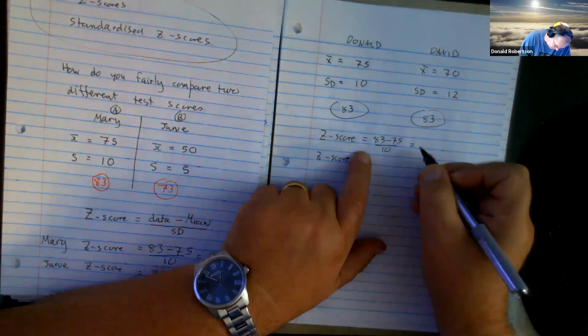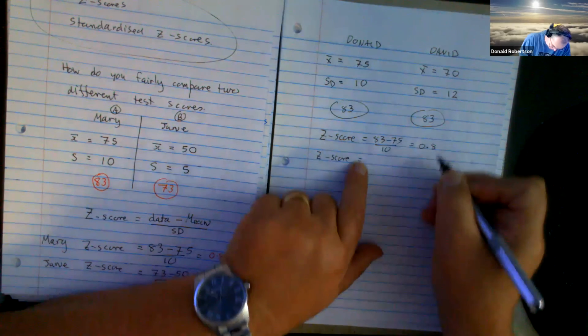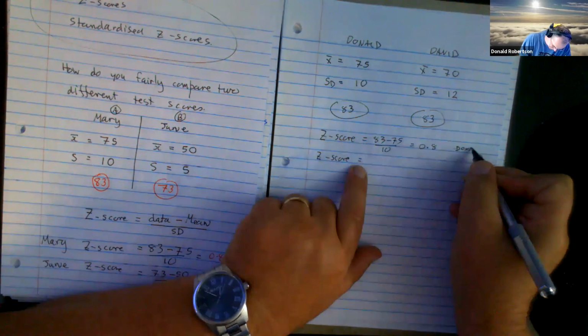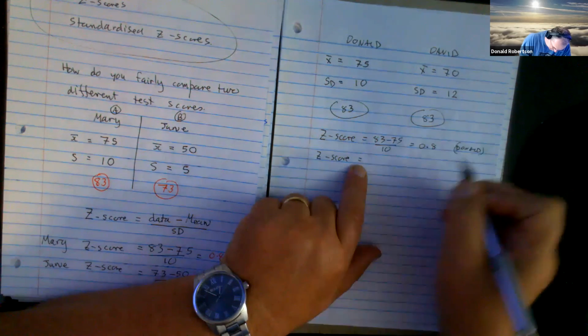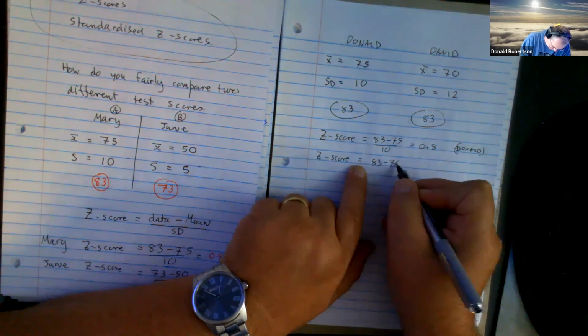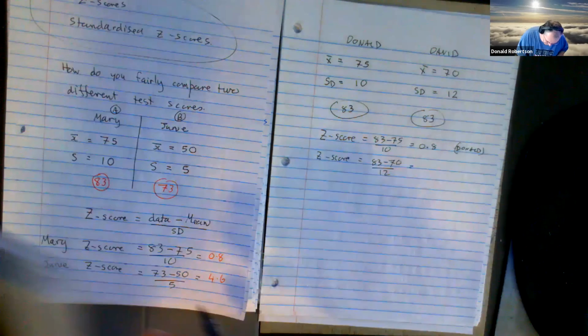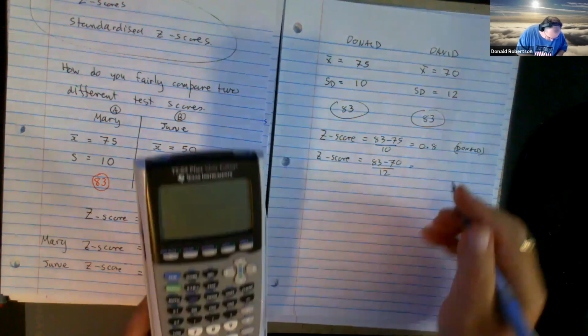So I believe that is 0.8. And that's actually me, so that's done. And then if we do this one, I'll do that in the calculator because I don't trust my ability. It's 1 point something, I believe.